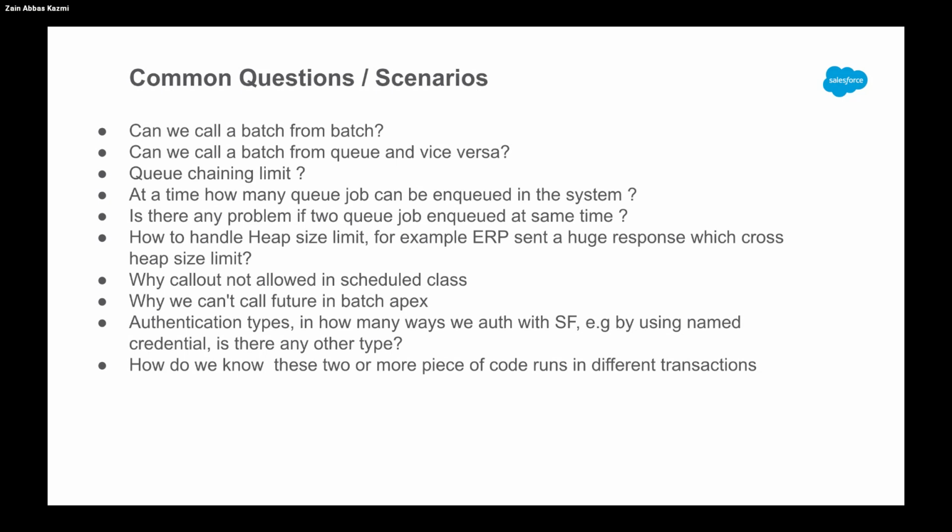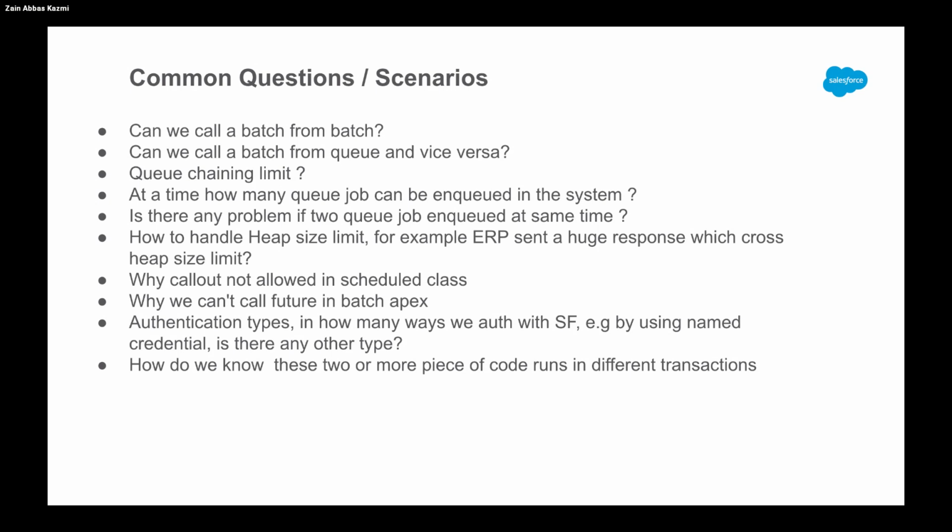Why is callout not allowed in a scheduled class? That's a good thing, because a scheduled class is designed to run at a particular time, and on the callout we are not certain whether it will return or how much time it will take. So we cannot hold up the resources.